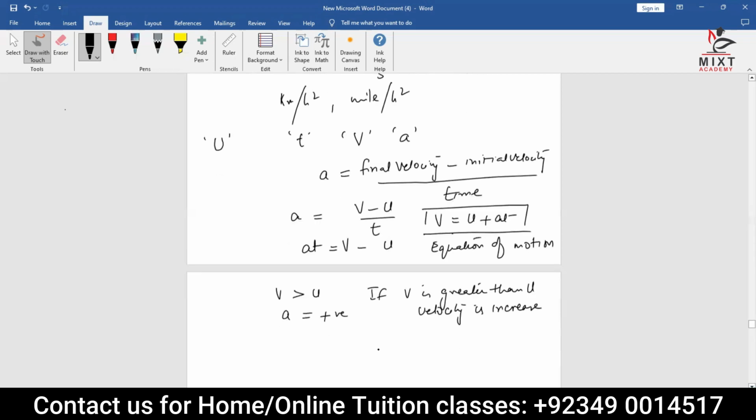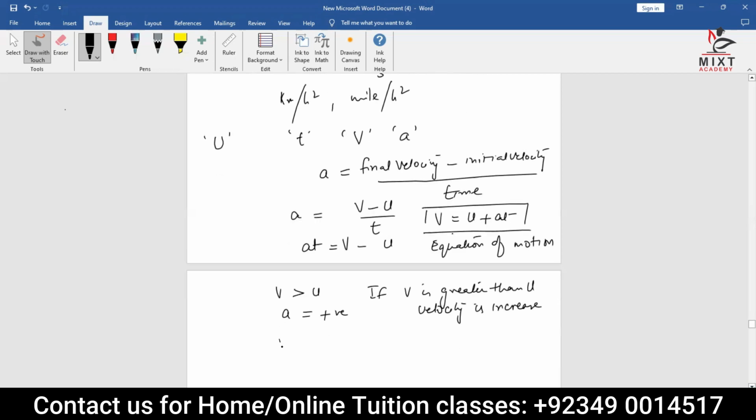In the second case, if V is smaller than U, velocity is reducing. And if velocity is reducing, what is the A value? Negative. Is there any special name for a negative acceleration?